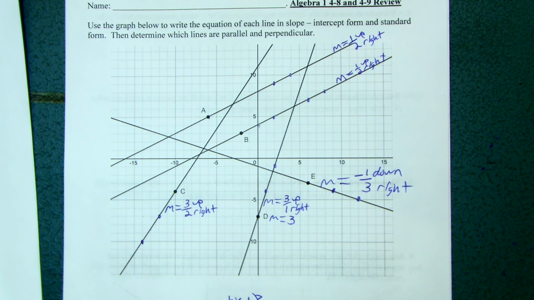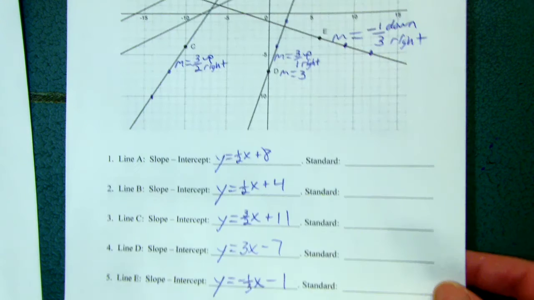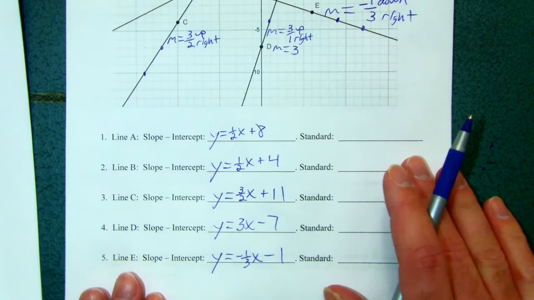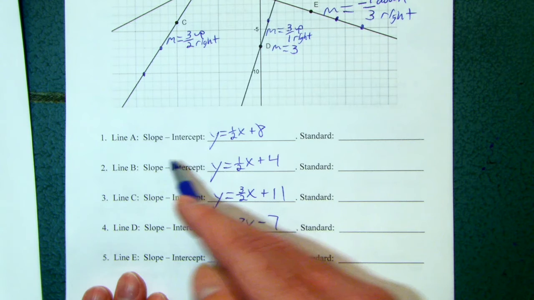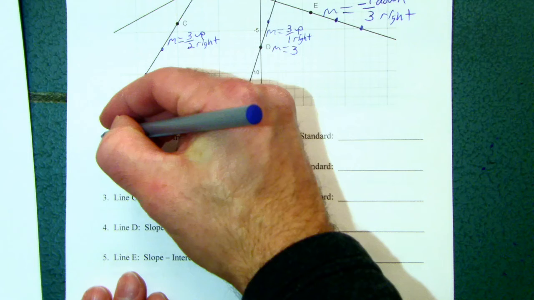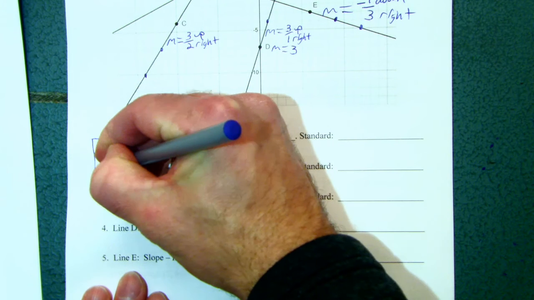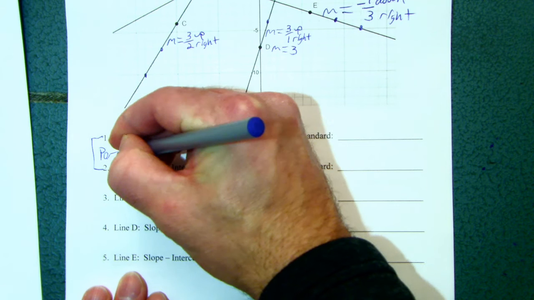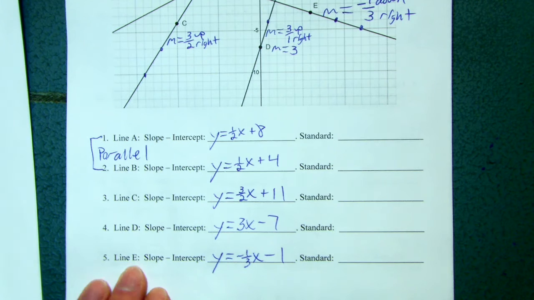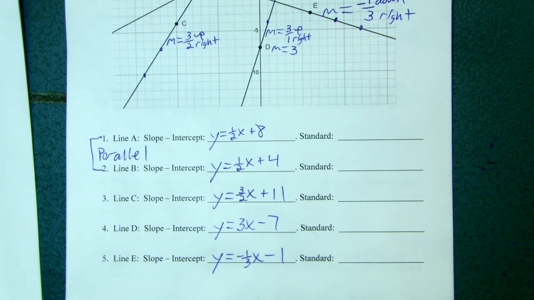All right, and before we go down and do all the standard forms, I said which lines are parallel, which ones are perpendicular. We can do it down here, actually. Lines 1 and 2, or line A and B here, both had a slope of 1/2, so these are parallel. A and B are parallel to each other.